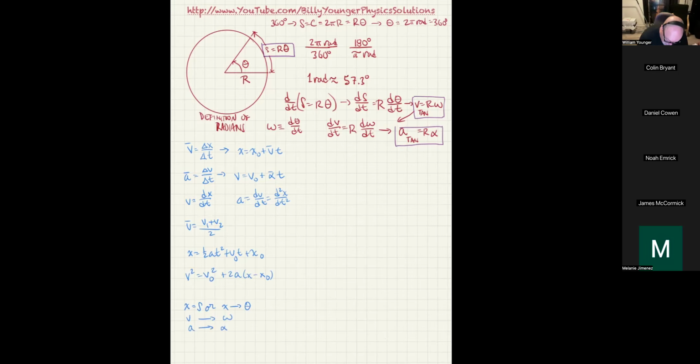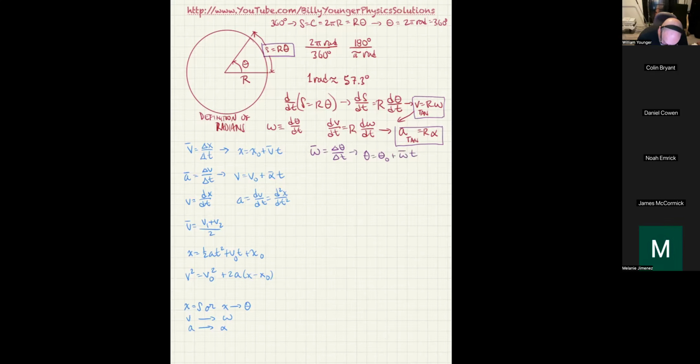From that, we can get these equations, which are omega bar is equal to delta theta over delta t, and that gives us theta is equal to theta 0 plus omega bar t.